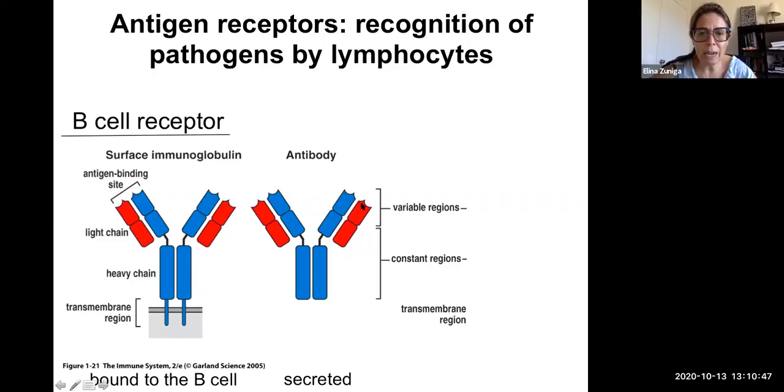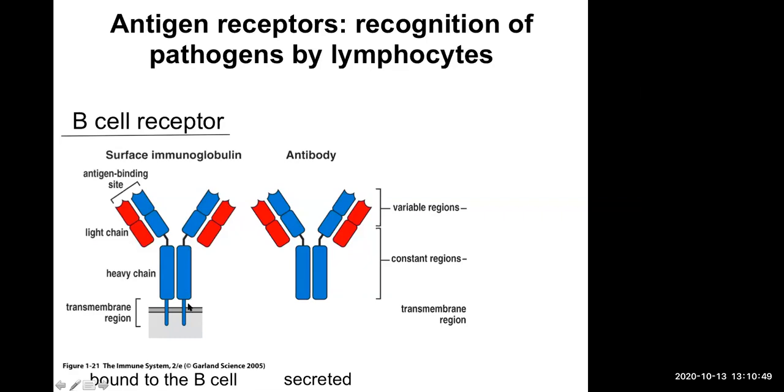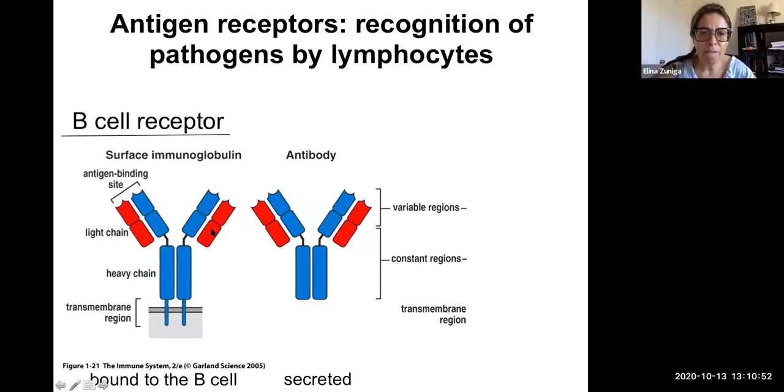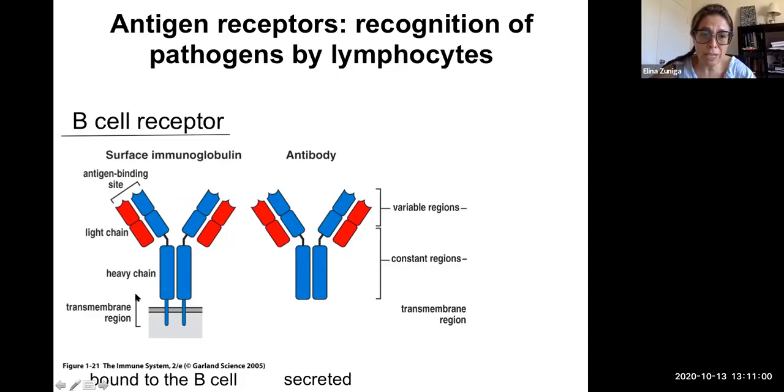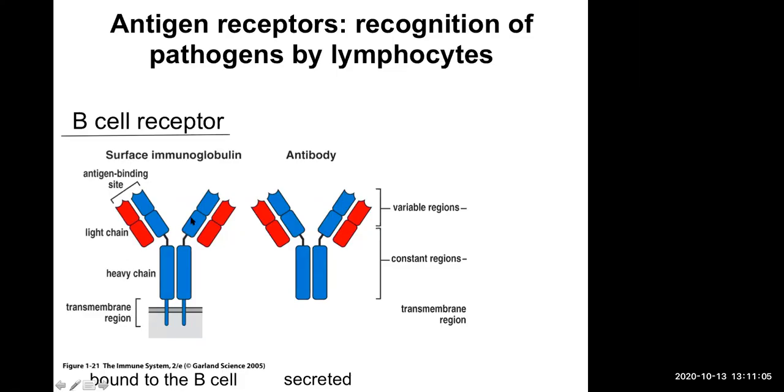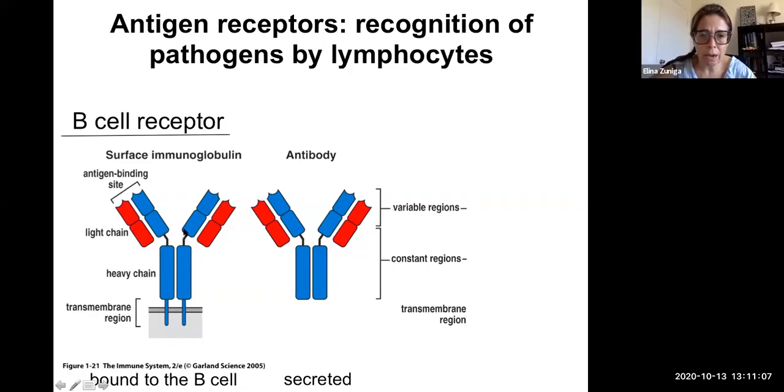And the light chain and the heavy chain have a variable region, depicted here in the upper part, most distal from the transmembrane region, and a constant region at the bottom, more proximal to the transmembrane region. You can see here that the ligand or antigen binding site is in the variable region, okay?